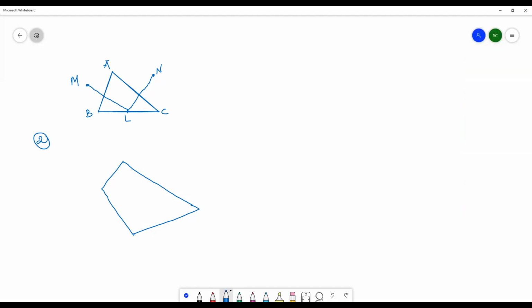Okay, fine. So now the next problem is we have got a general quadrilateral ABCD, and we have got the centers of the squares outside those sides. I am not drawing squares, I am drawing the centers of the squares.